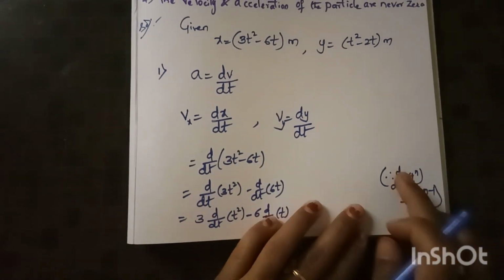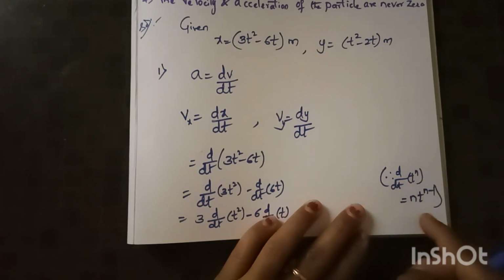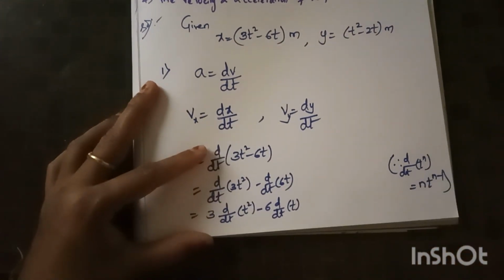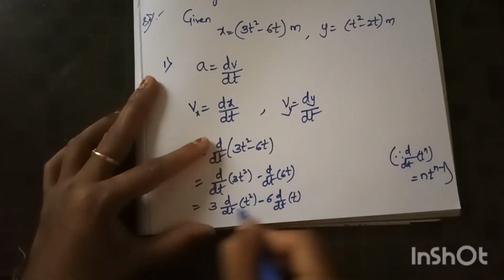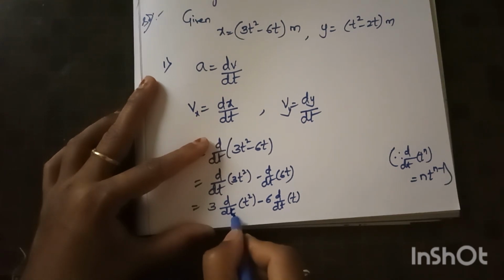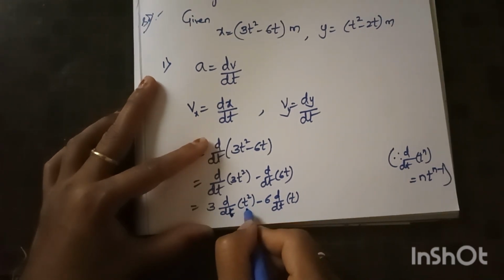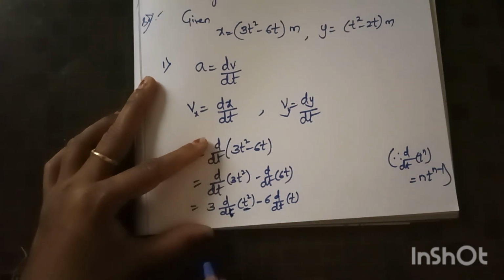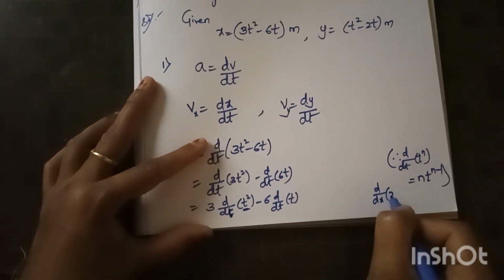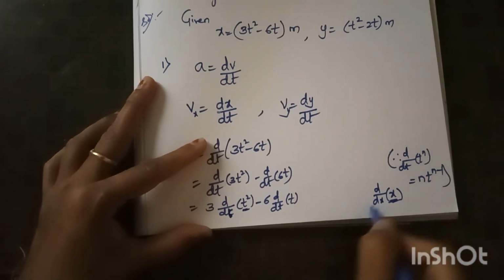You can apply this formula only when we have t here, since d by dt is with respect to time. For example, if we have d by dx, you should contain only x values to apply this formula.